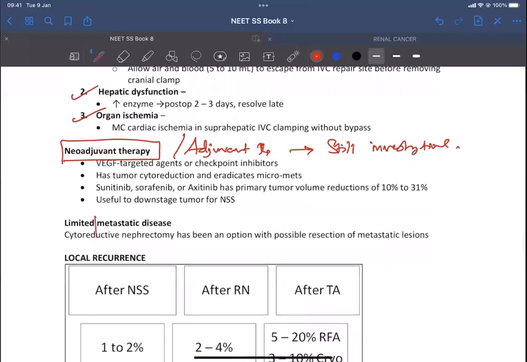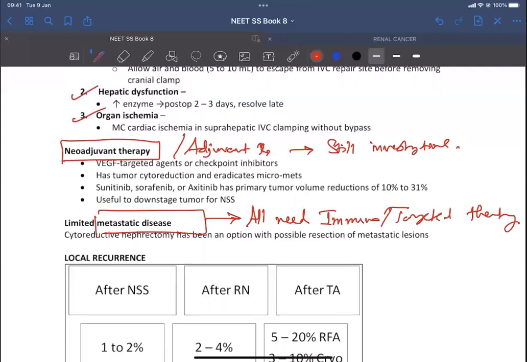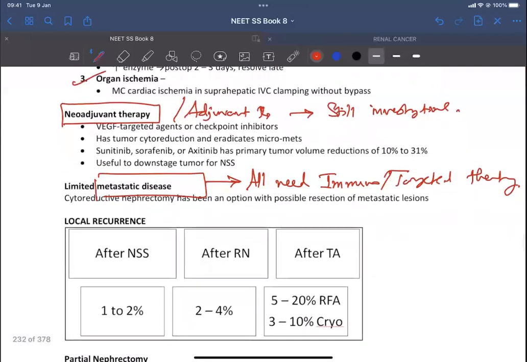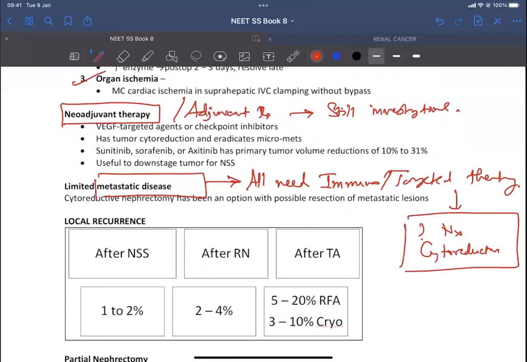On the other hand, for metastatic disease, all need immuno or targeted therapy. The question is whether you do a cytoreductive nephrectomy or not. There is no question that they all need to be started on immunotherapy or targeted therapy for metastatic disease. The question is whether they need to have a cytoreductive nephrectomy or not.